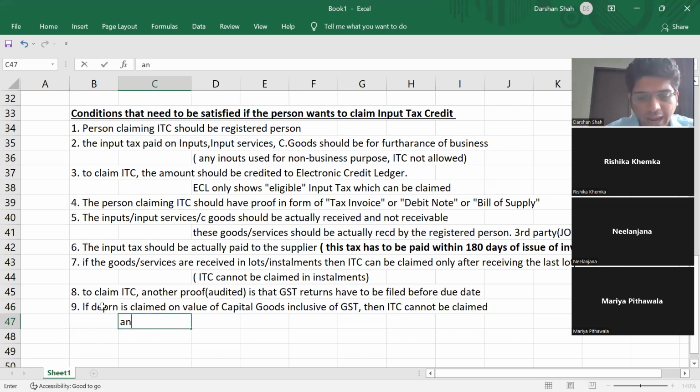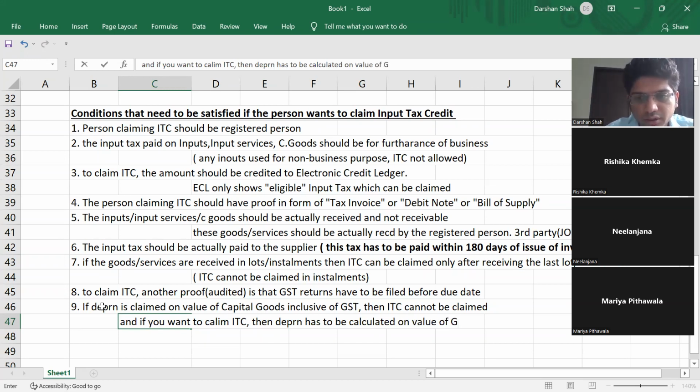Okay. And if you want to claim ITC, then depreciation has to be calculated on the value of capital goods exclusive of GST.